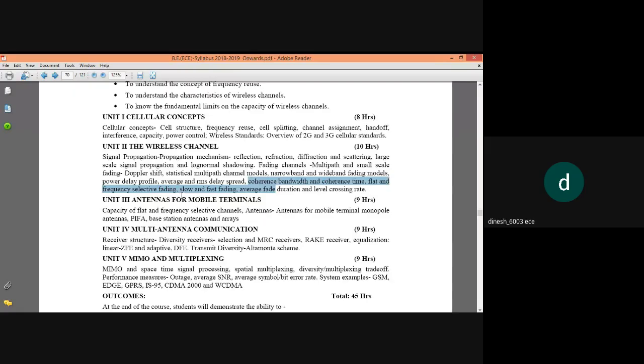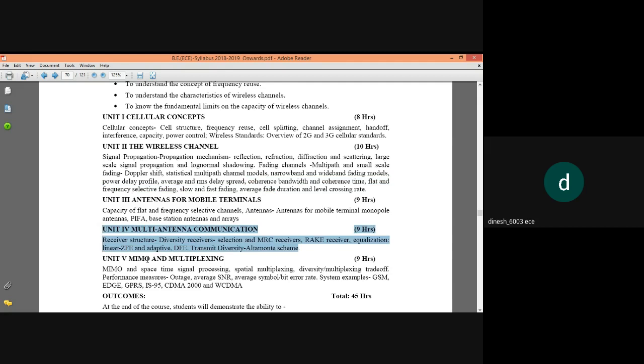In that, when more than one antenna is being used at the receiver, we have the diversity receivers, MRC, maximum ratio combining receivers, rake receivers, and equalization techniques to minimize losses. The transmit diversity scheme, the Alamouti scheme, all we are going to see in unit number 4.